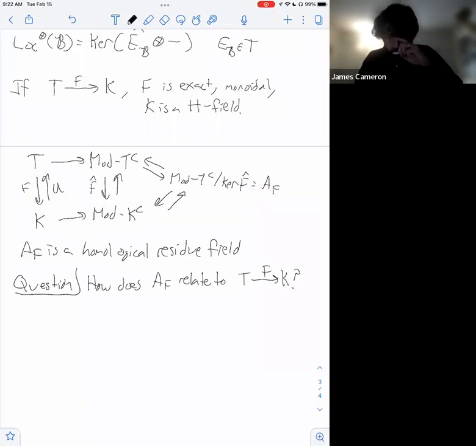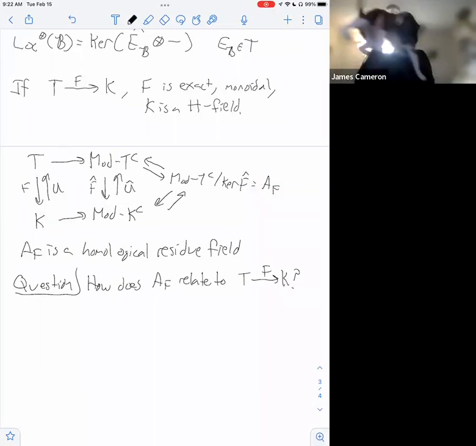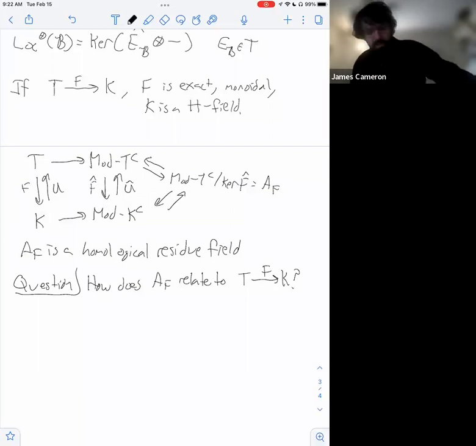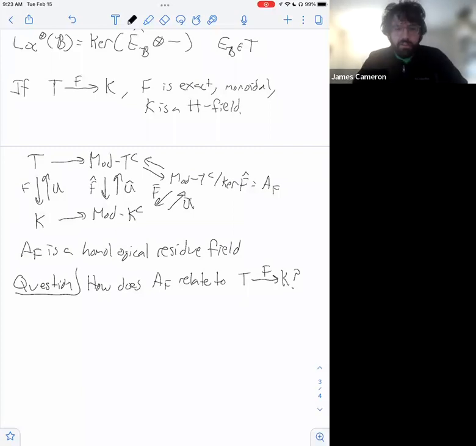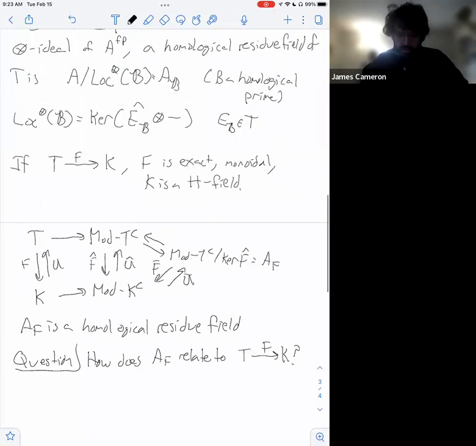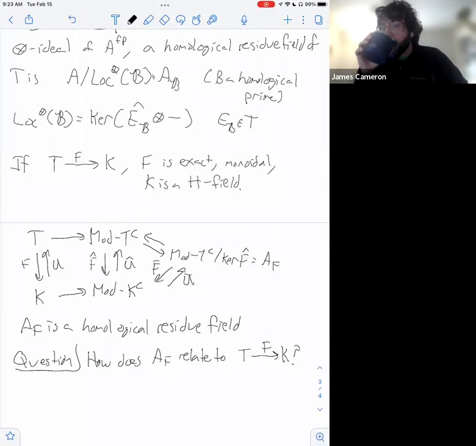And we'll need it in a second, so I'll label those with hats on them too. Okay, so I'll answer this question here, but now is probably a good time to ask if there are any questions so far about the definition of these homological residue fields or this construction of one.